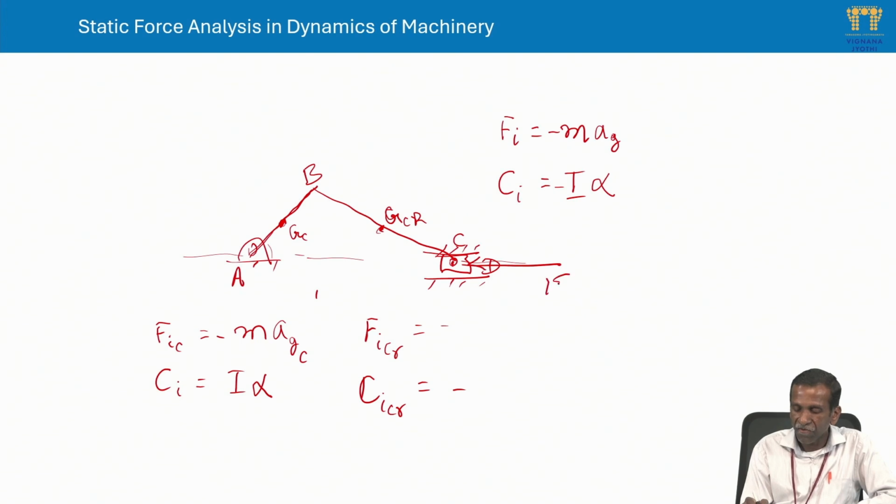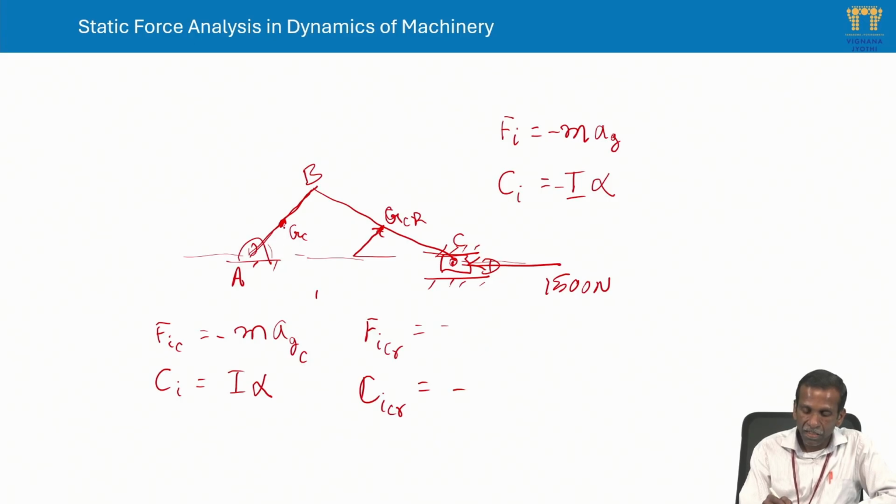Only on the piston, 1500 newtons applied force. Then from the acceleration diagram, you can know the direction of these inertia forces. For example, it is directed at this much inclination. From the acceleration diagram, you can understand the directions.